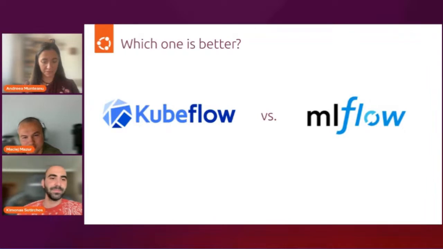Kubeflow is really part of CNCF and the Kubernetes ecosystem, and it allows you to use ML there. MLflow is a way to track and package and log parameters of the models all across the board in different environments. So I think their purposes are a little bit different, and actually the best way, if you are on Kubernetes, is to go with both of them together.